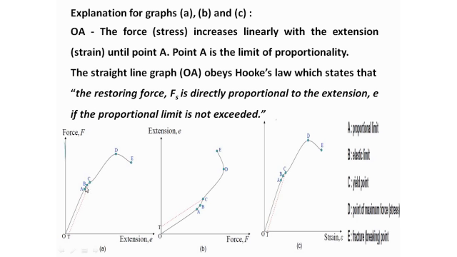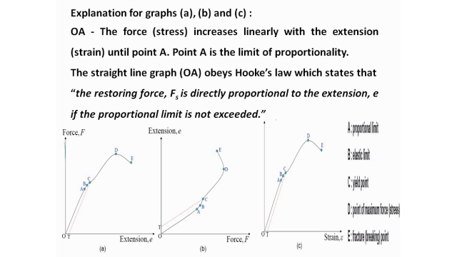So if we increase the stress, the extension will go on linearly. If we increase the stress on the metal from the coordinate O to A, upon application of the force the extension will also increase linearly until it reaches the point A. This point A is known as the limit of proportionality.